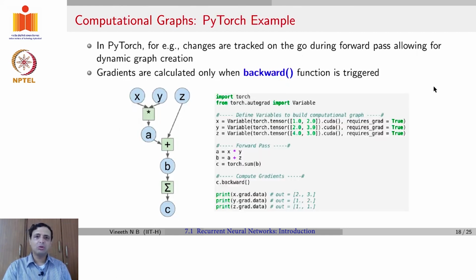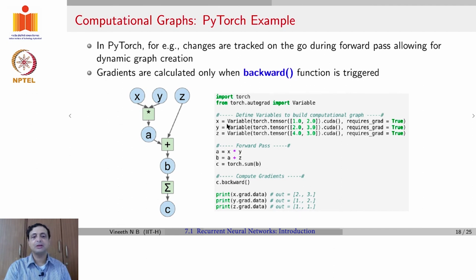So to give you a more concrete example in a framework that you may be using, which is PyTorch. In PyTorch, changes are tracked on the go during the forward pass, allowing for the creation of such a computational graph, which is called a dynamic graph. When you actually train a neural network in PyTorch, you say loss.backward.